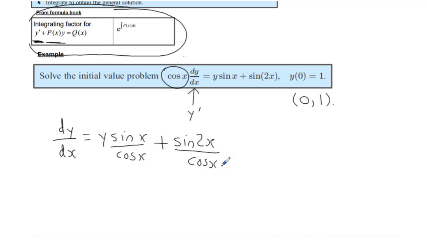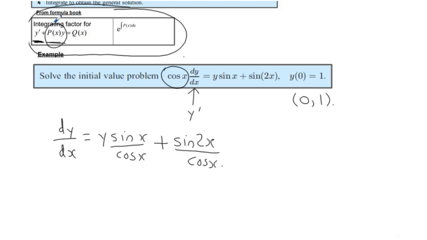So we're getting closer. We now have dy by dx equals something, but we want it to be dy by dx plus p of x times y, and then just a function of x. So our p of x is going to be this sine over cos, which we can call tan. But keep in mind that we've got to integrate it.